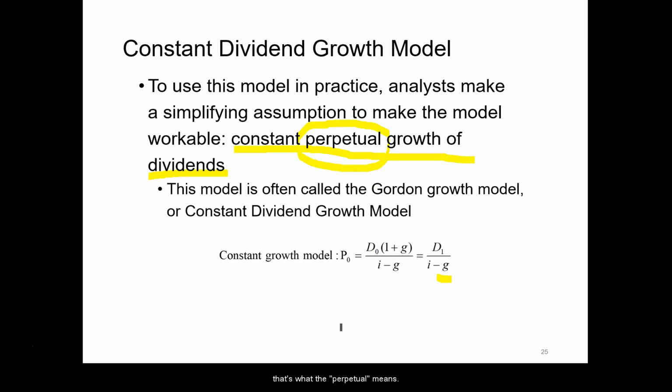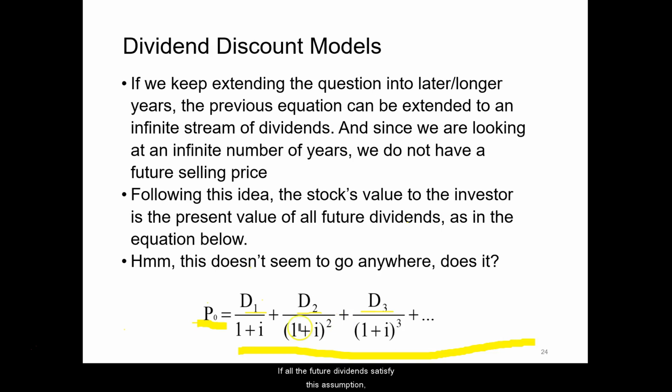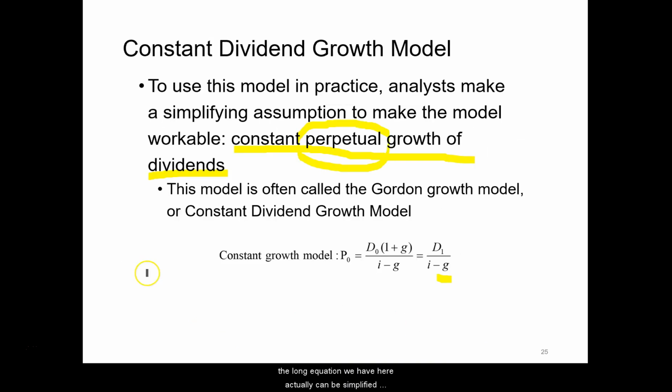If all the future dividends satisfy this assumption, the long equation we have here actually can be simplified into a very short formula, which says price today, P0, is D1, the dividend of next year, divided by I minus g. I is the required rate of return for stockholders, and g is this constant growth rate of dividends.